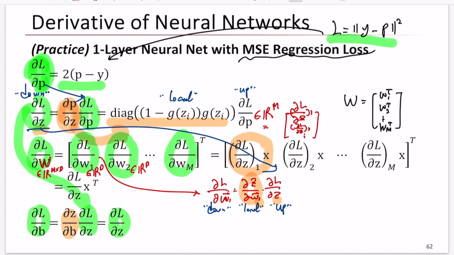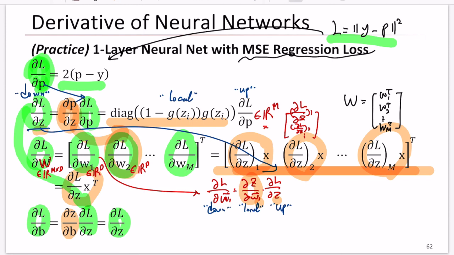So it's going to be the first element times x. Similarly, this one is going to be the first element of dL/dZ times x, and this one transposed. By rewriting this term in a simple form, it's going to be dL/dZ times x transpose.